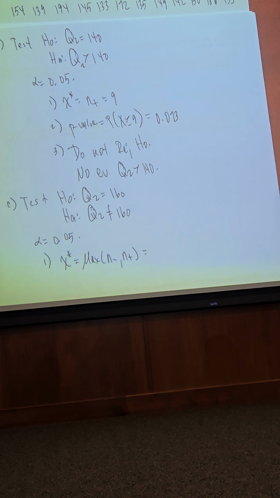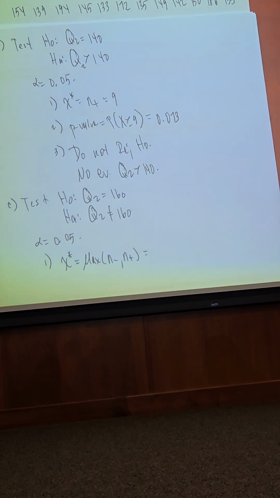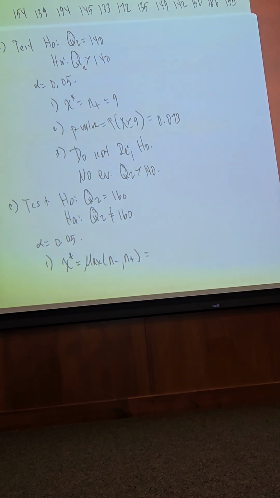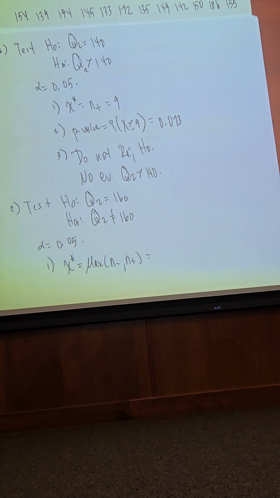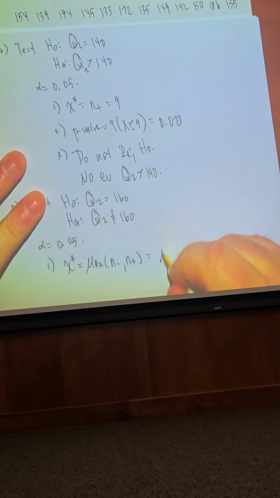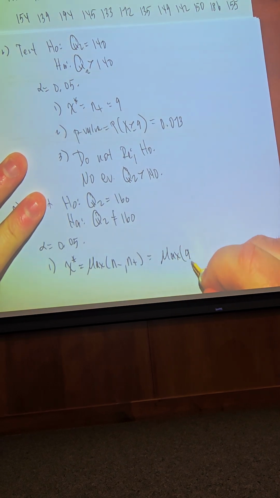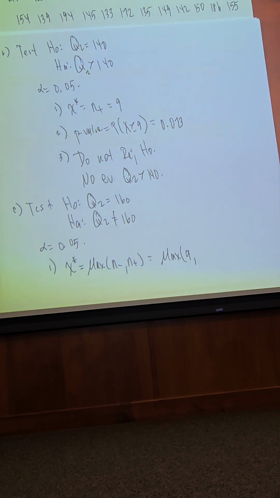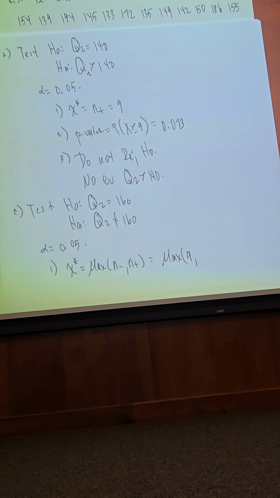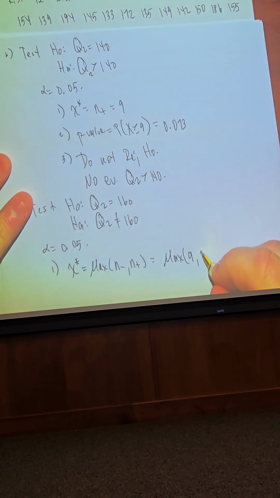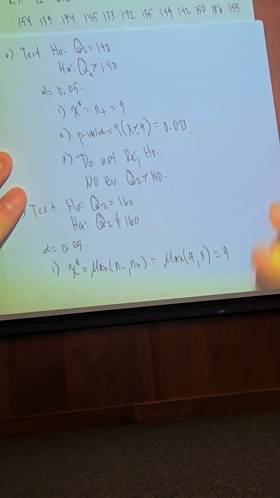N minus is the number of data points less than 160. Let's see what we get. 9, okay. So it's the maximum of 9, and n plus is the number of data points above 160, which is going to turn out to be 3. You take the maximum of those two, which gives you 9.